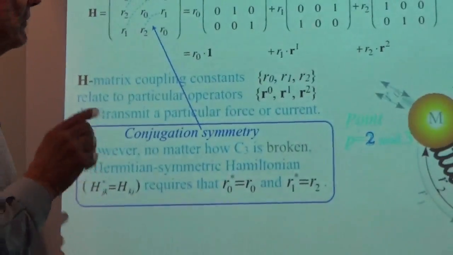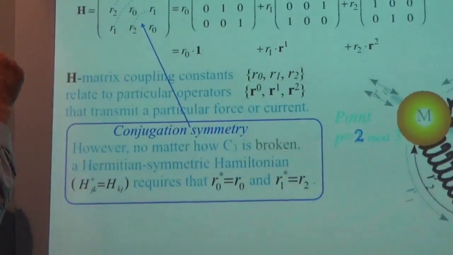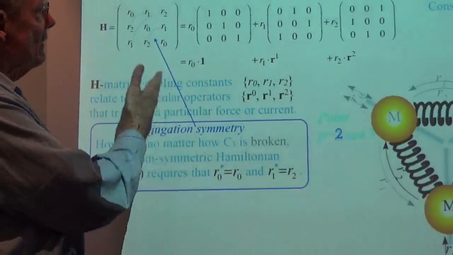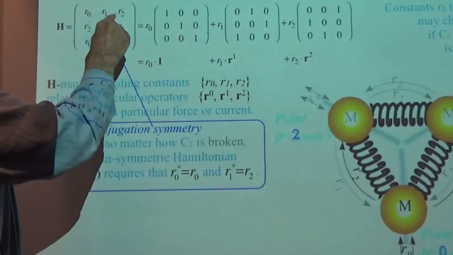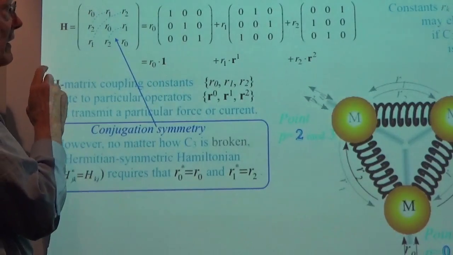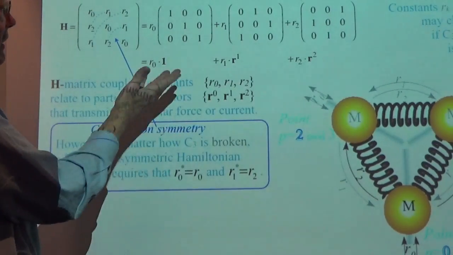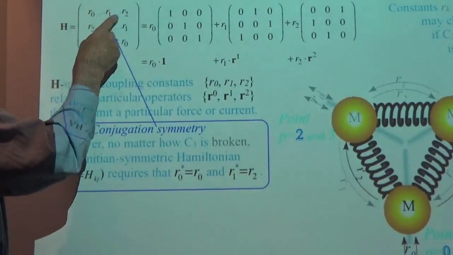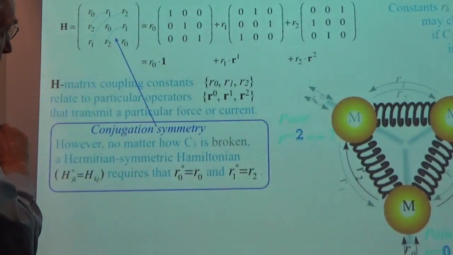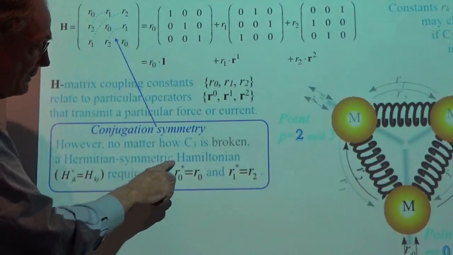And the other thing that we didn't have to worry about with the C2 example, because we had a B minus IC and then a B plus IC on the other side, that was conjugation symmetry. Here we have three pairs that will have to be the conjugates of each other in order to have a Hermitian symmetric Hamiltonian.